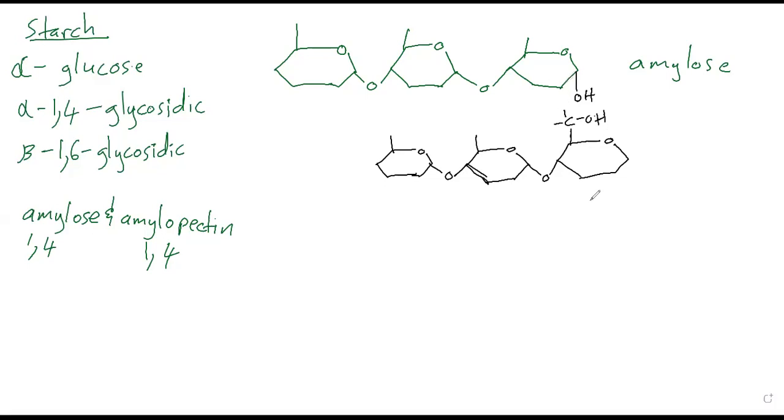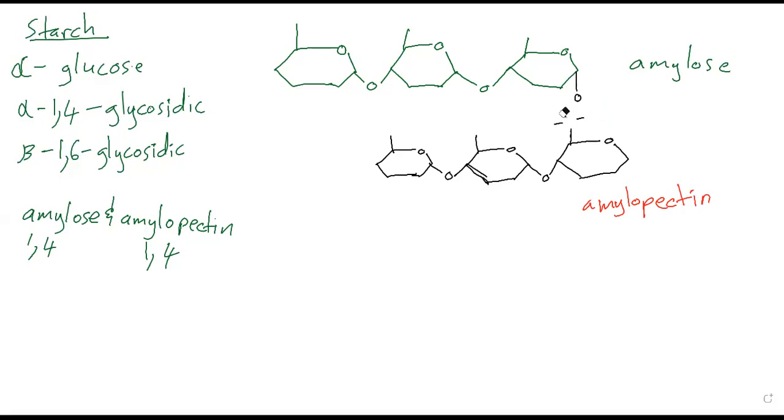So this is amylose, this is amylopectin below it. Now, take the OH from one of them and the H from the next one. If you take away the H, the OH and H from one of them, this carbon is now going to be bonded to this oxygen.